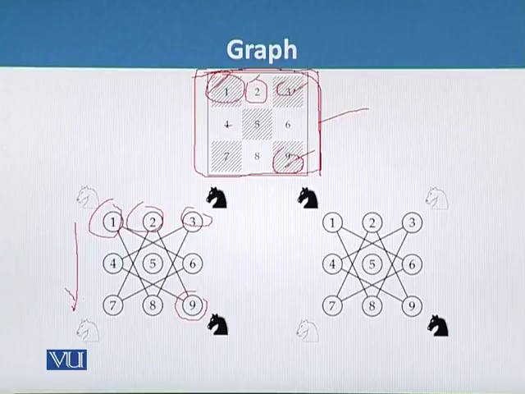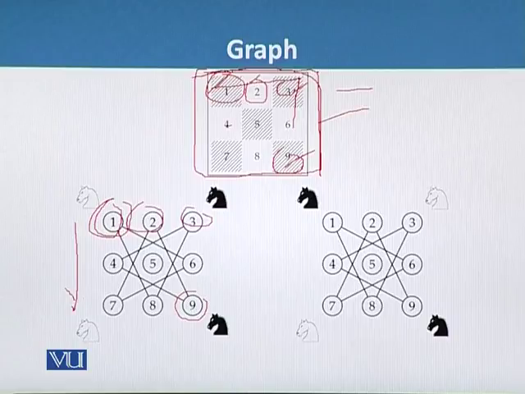These lines show that if the horse is at one position, it can move to certain others. If we see this checkerboard, from 1 it can move to number 6. It can also move to number 8. So we can see here that this one is connected with number 6, and also connected with number 8, and so on.